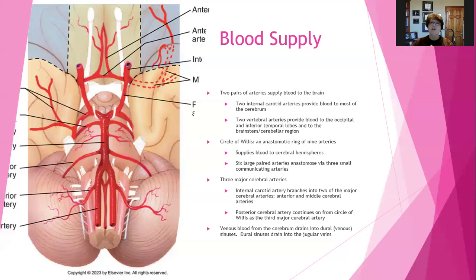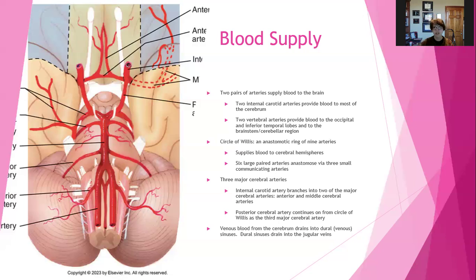The 3 major cerebral arteries are the anterior, middle, and posterior. The internal carotid branches into the anterior and middle, and the posterior continues from the circle of Willis as the 3rd major cerebral artery. And when we talk about strokes, we'll discuss what the general effects of these particular arteries are and what areas of the brain are involved.